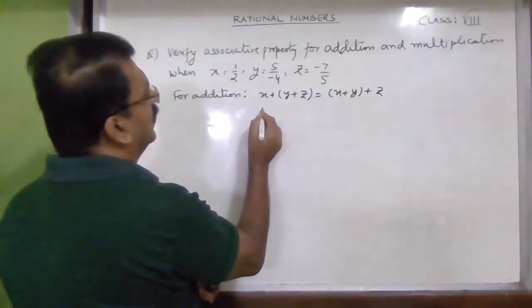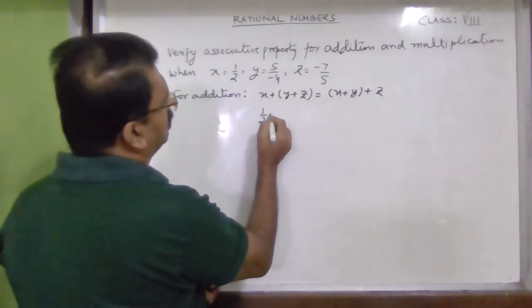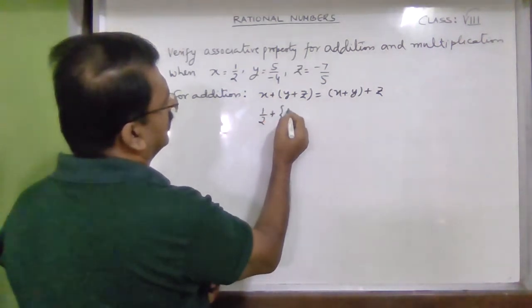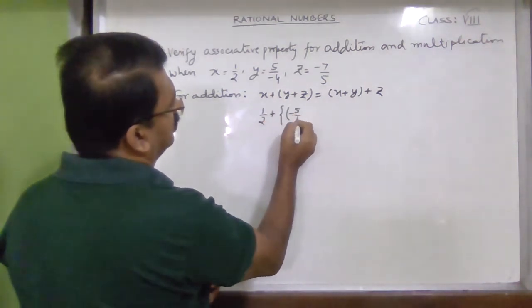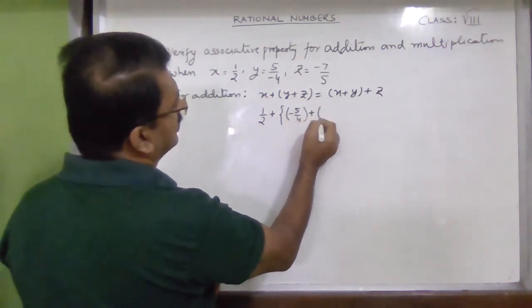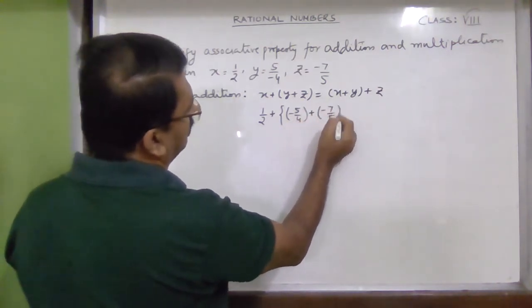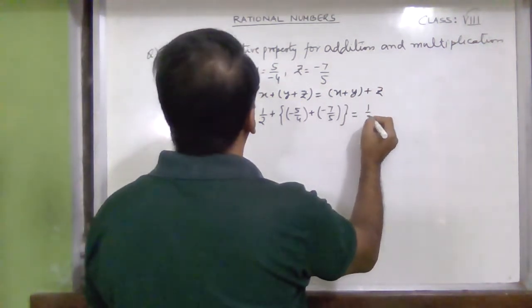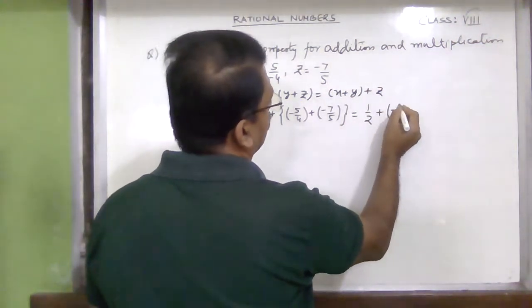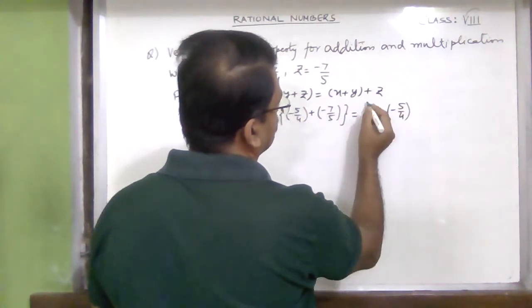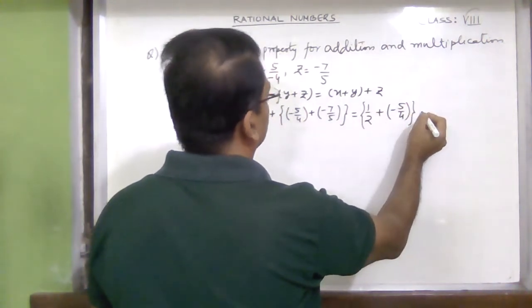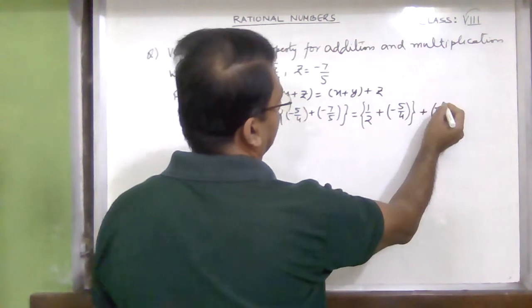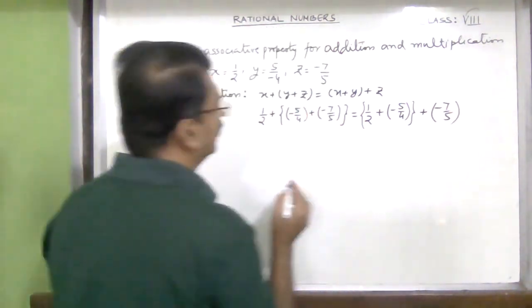Now you see, (1/2 plus minus 5 by 4) plus minus 7/5 should be equal to 1/2 plus (minus 5 by 4 plus minus 7/5).